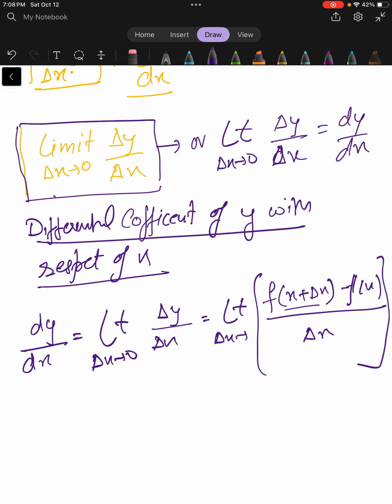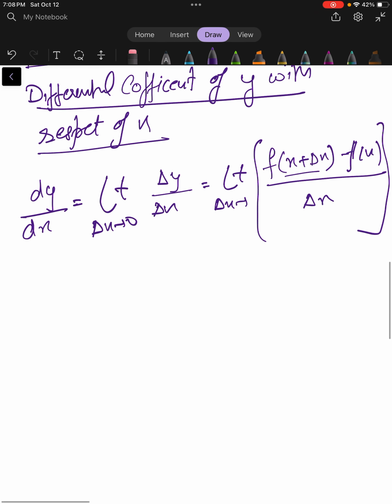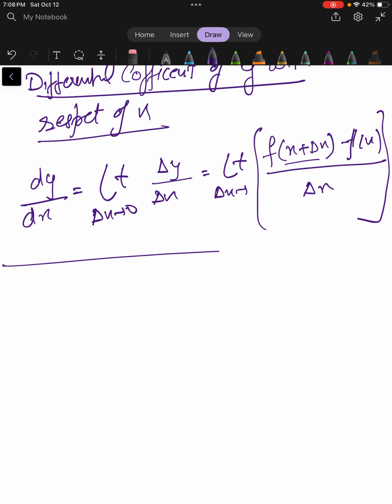Okay, so now we'll understand about differentiation. What exactly is differentiation? Till this point, what we tried to understand were the terms that will be helpful for understanding differentiation.